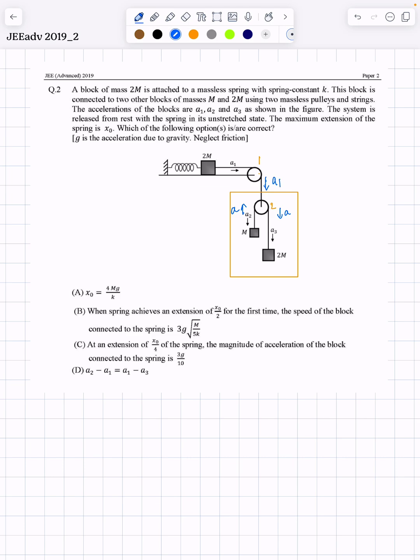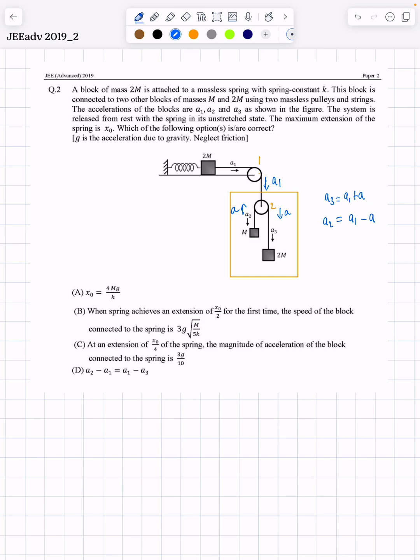So what it means is that we can write a3 is basically the sum of a1 and a. So a3 is a1 plus a. Similarly, a2, which is the absolute acceleration, is a1 going down and then a going up.